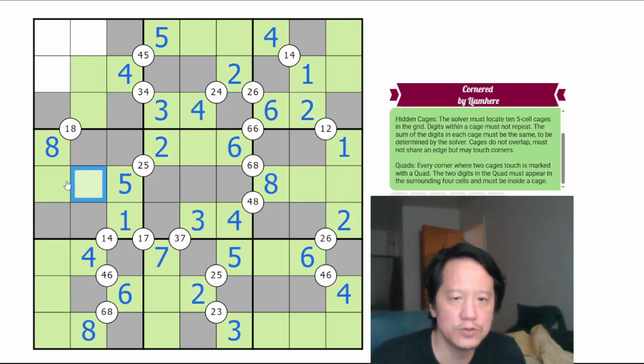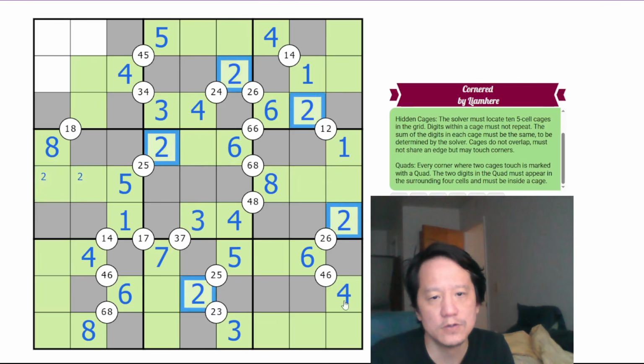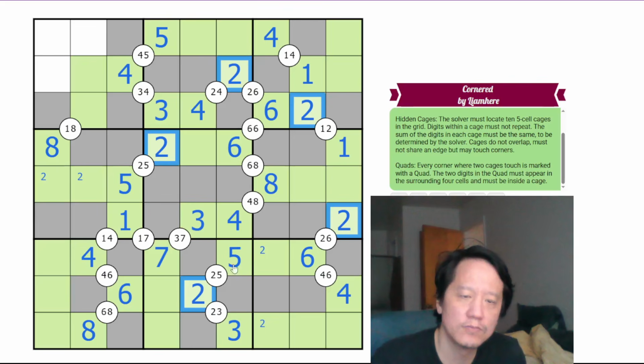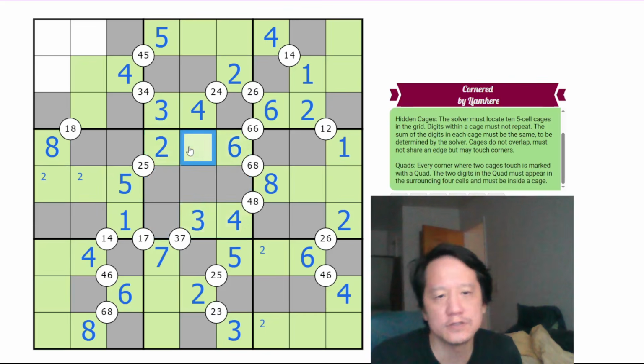Twos. 2 has to be in one of these two cells here. 2 also can't be here or here, so 2 is one of these two cells there. Where is 5 in this central box? Can't be here, can't be here, can't be here, can't be this 3, so it has to be here.